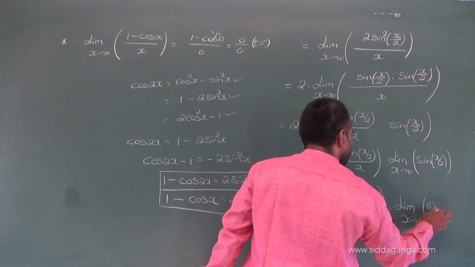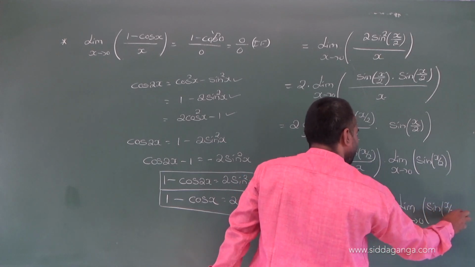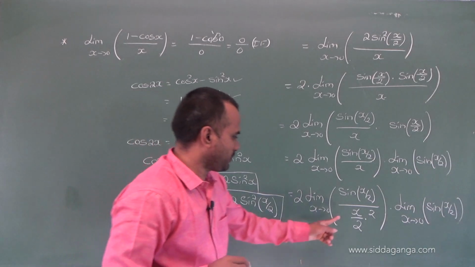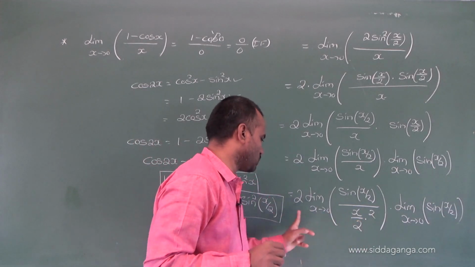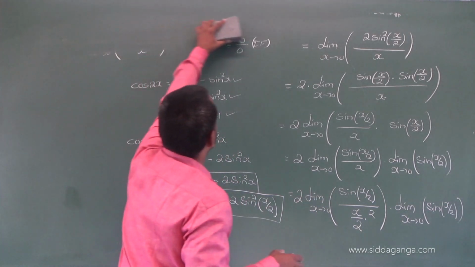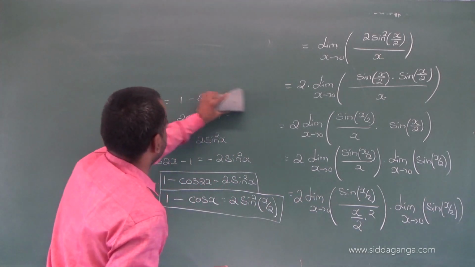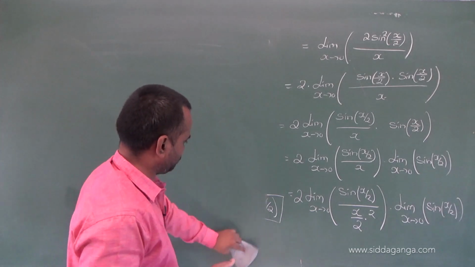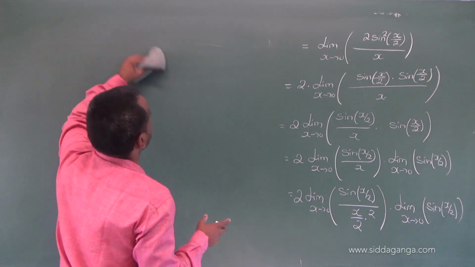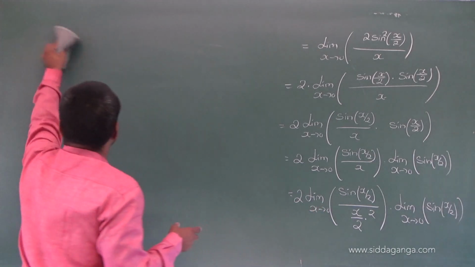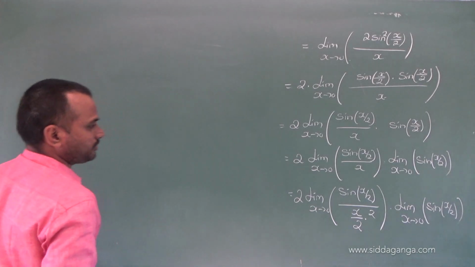Just one term, sin x by 2. This 2 we write outside, and the 2 gets cancelled. Observe here.